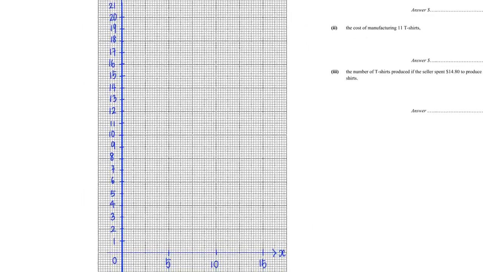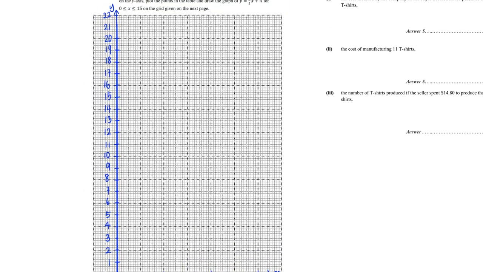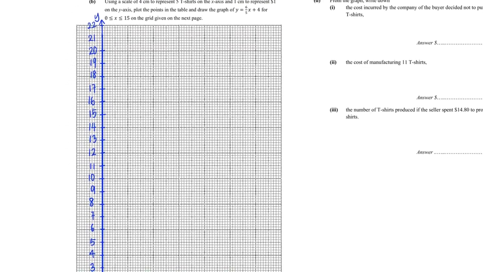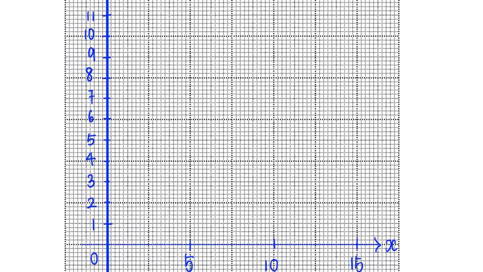And now that I have my axis plotted, then we start plotting the points. The first point to plot would be 0 and 4, where x is 0, y is 4. It will be this point here.